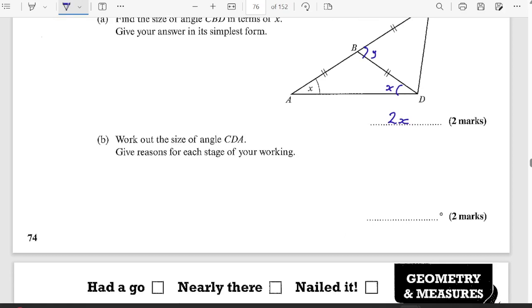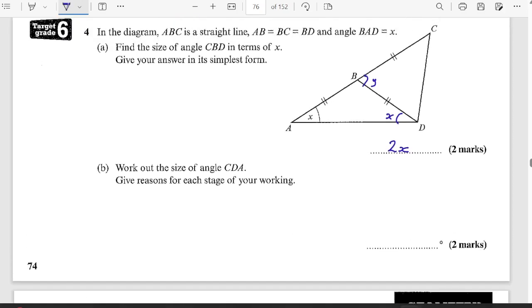And part B, work out the size of angle CDA, giving reasons for each stage of your working.